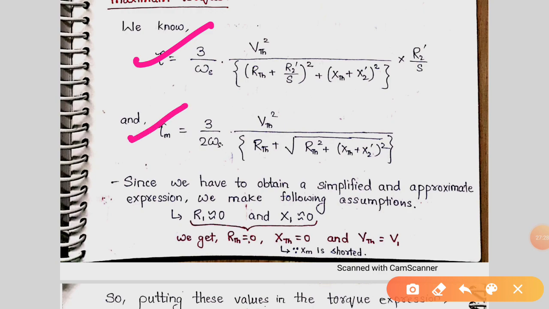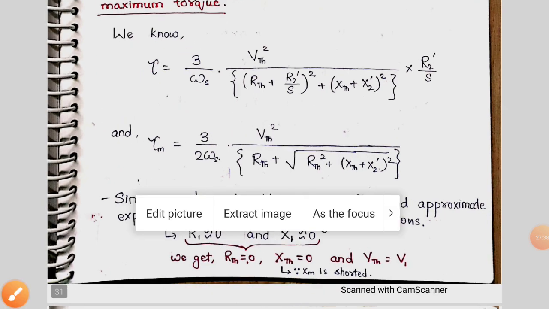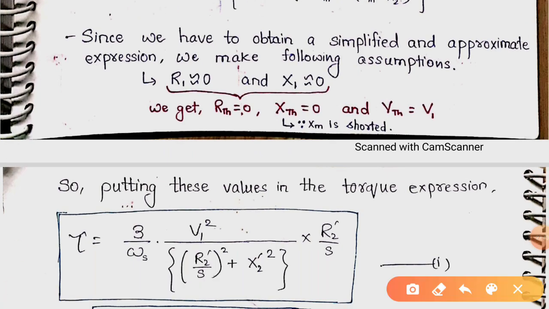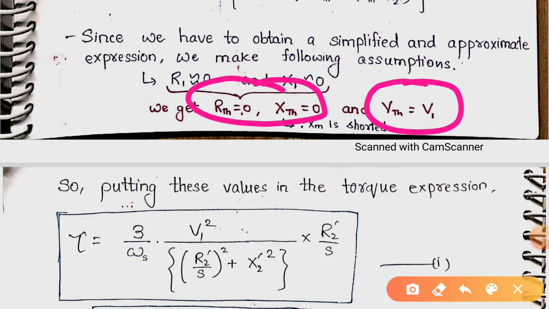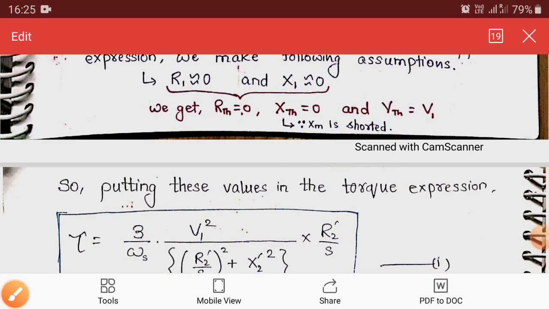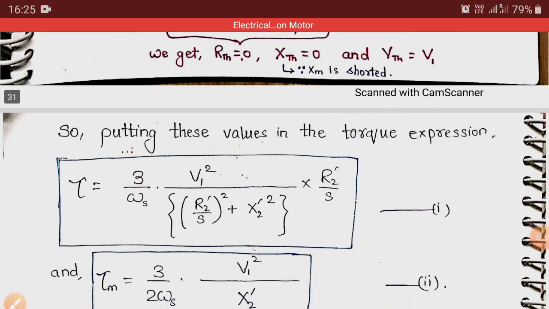Now we are taking certain assumptions. Here we are assuming the stator circuit resistance and reactance to be equal to 0. In that case, RTH will be equal to 0, XTH will also be equal to 0, and VTH will be equal to V1. So this is the value under the approximation.